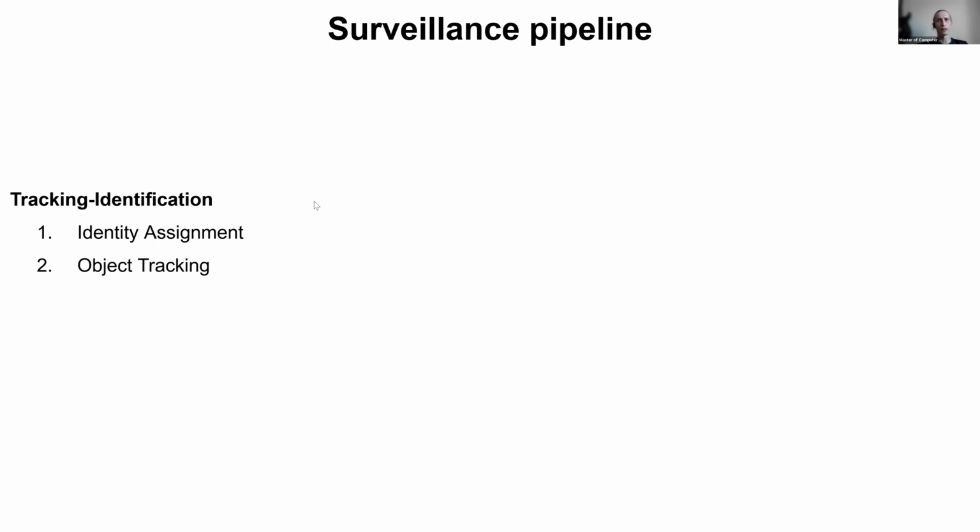Or you can perform identification solely by face and tracking by body, for example. The main thing is to understand that these stages are not strictly dependent. I mean, the identification stage and the tracking stage.